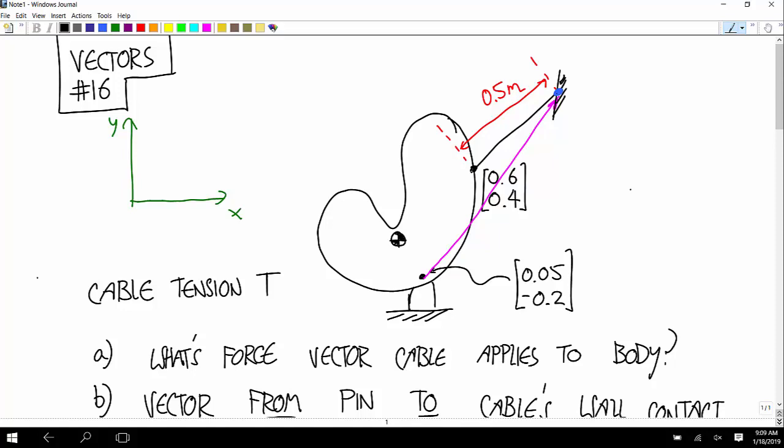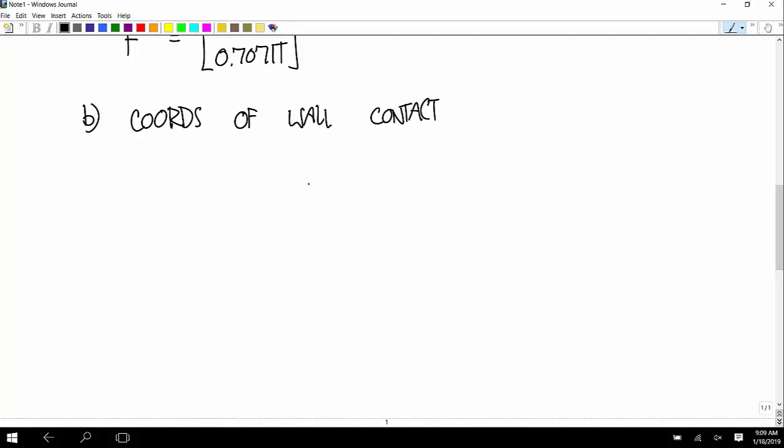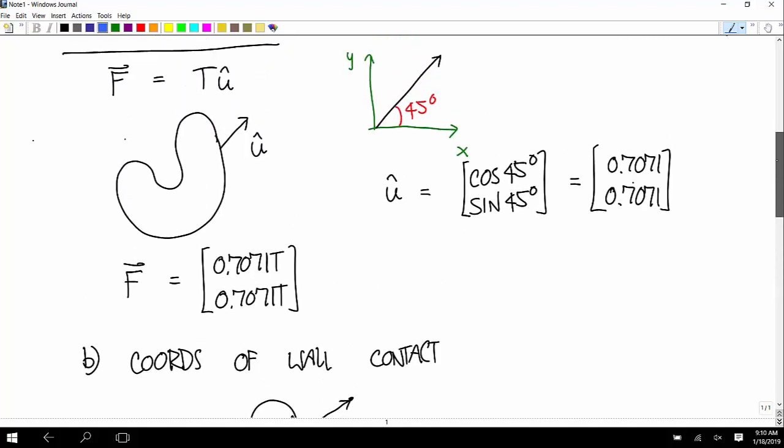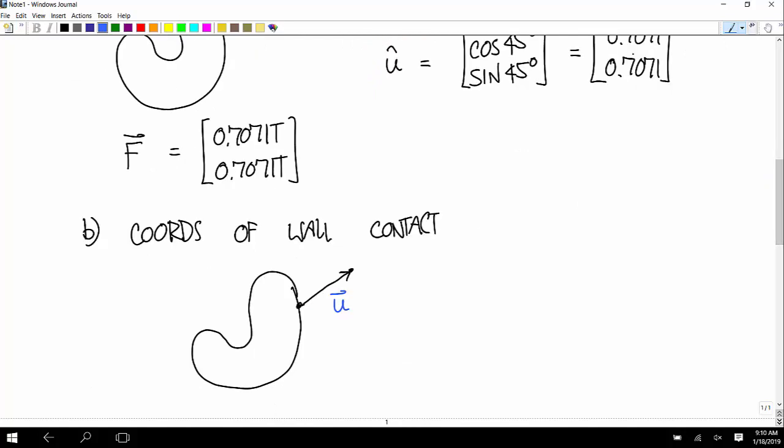Well, a vector that goes from the cable's contact with the body to the cable's contact with the wall. Let me sketch this shape again. A vector that goes from here to here. I'll call that u vector, as opposed to up above where I called it u hat because it's a unit vector.